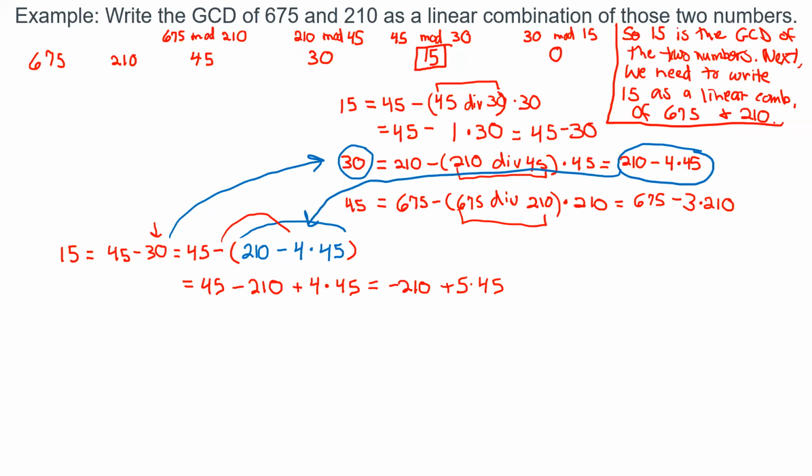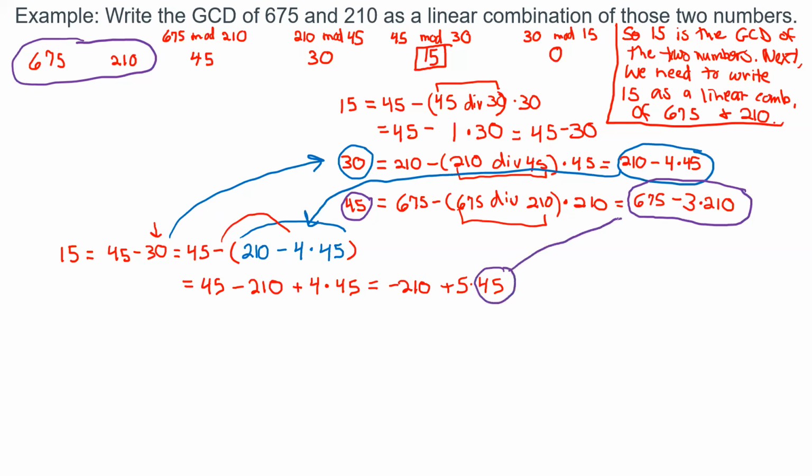Now the last thing we need to do is replace 45 with what we know it to be. So let me do this. We know that 45 is equal to this, and those are our most magic numbers, 675 and 210, because those were the original numbers here. So I'm going to replace this 45 here with that.